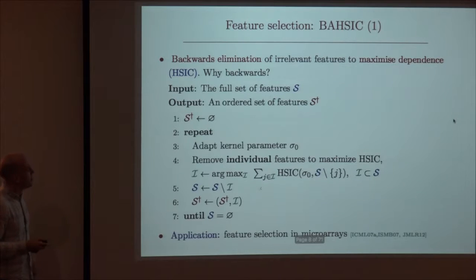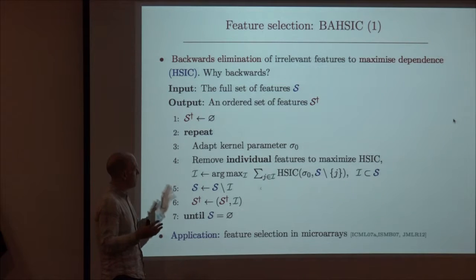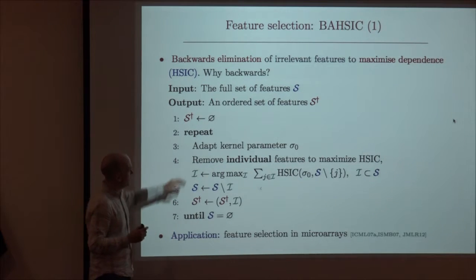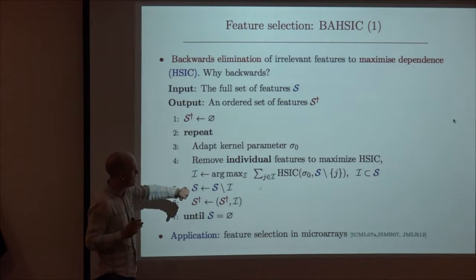Okay. So here is our algorithm. This is, I think, complicated notation for a very simple idea. Our output is the ordered set of features, ordered from least to most useful, and your input is the full set of features. So let's forget about this third line for the moment, and I'll come back to that.